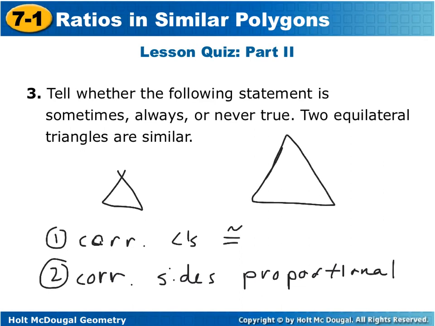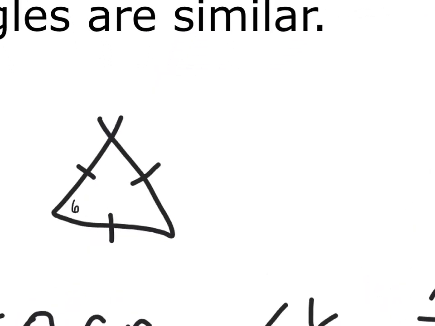What does it mean for triangles to be equilateral? They're equal on all their sides. What do the angles of an equilateral triangle have to be? 60. So all of these angles are going to be 60.